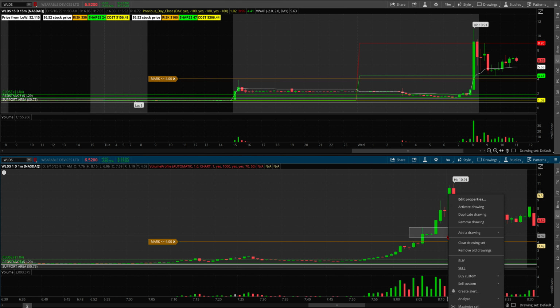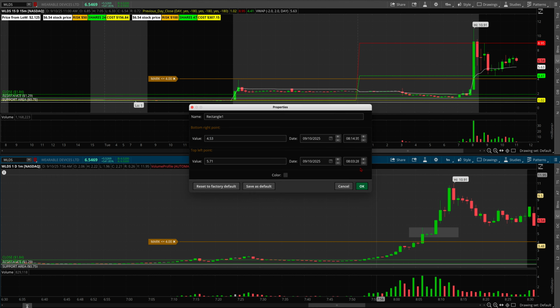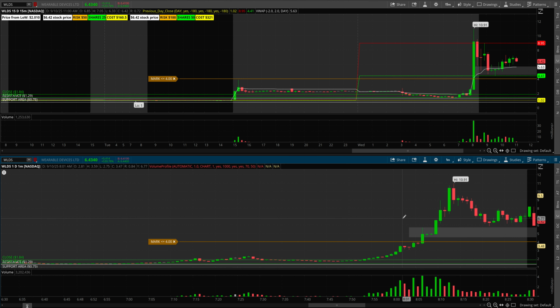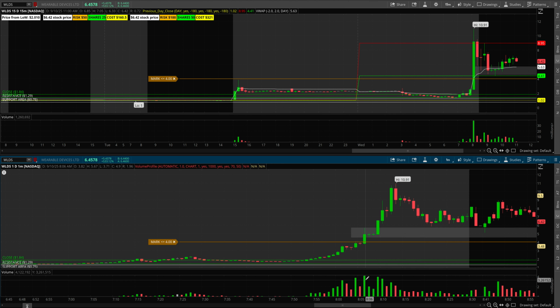So boom. And then let's extend this over and see where we are at on the chart. So you see I just went the most volume here on this candle. Got quite a bit of volume here as the breakout.